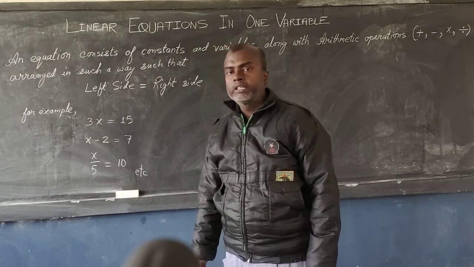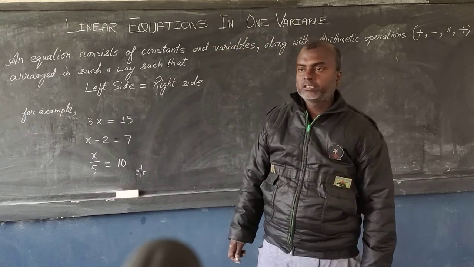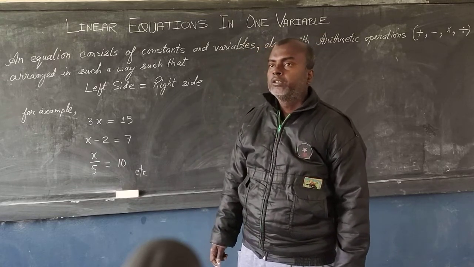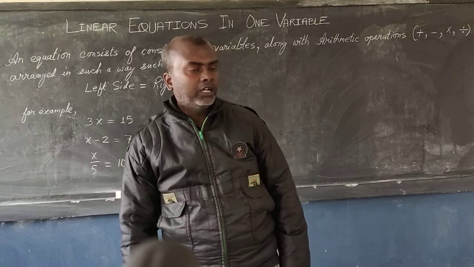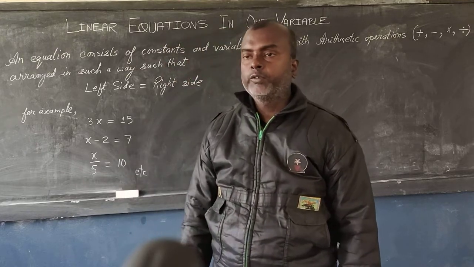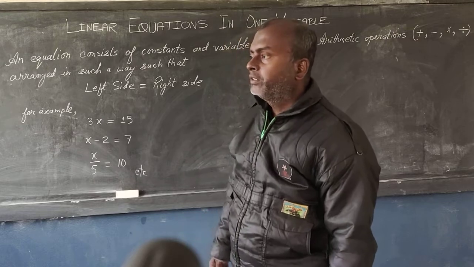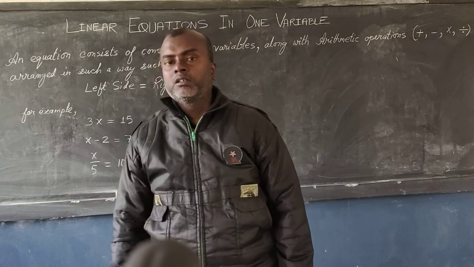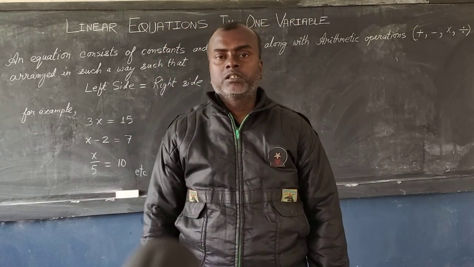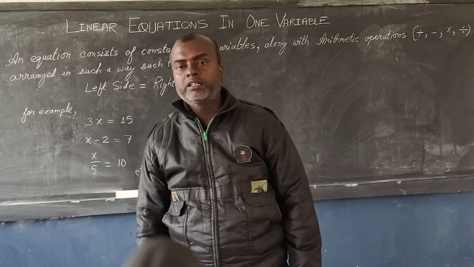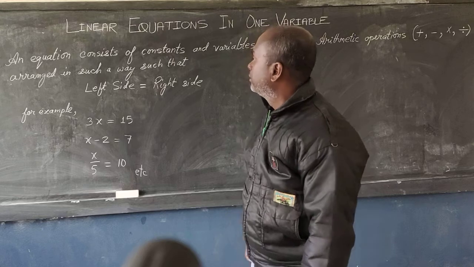All numbers along with their signs, plus, minus signs, are called constants. Whereas those terms whose values are not specified or fixed are known as variables. Now variables are given in symbols as any letter of the English alphabet from A till Z.